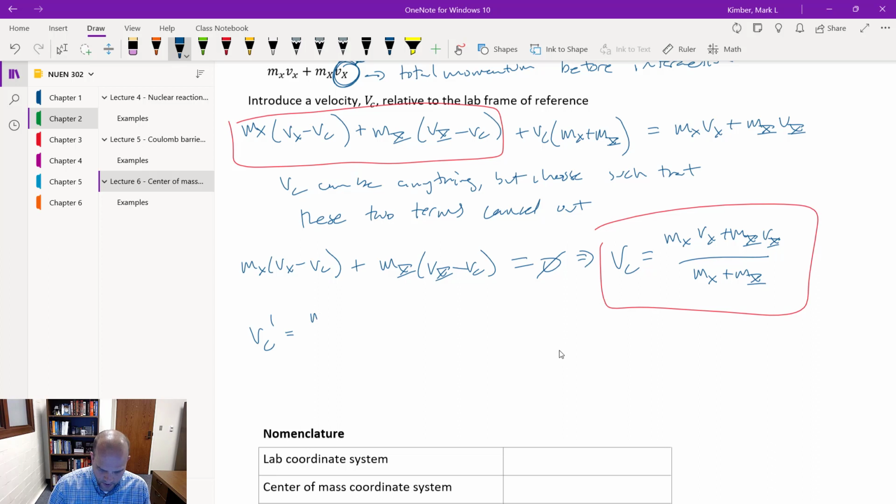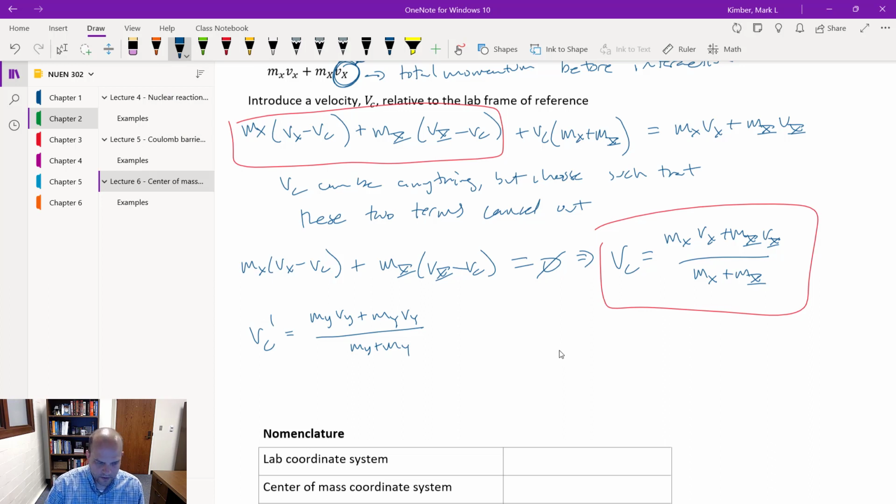We can do the same thing and set the first two terms equal to 0 for the product side, and we'll get the following over the sum of the masses there.